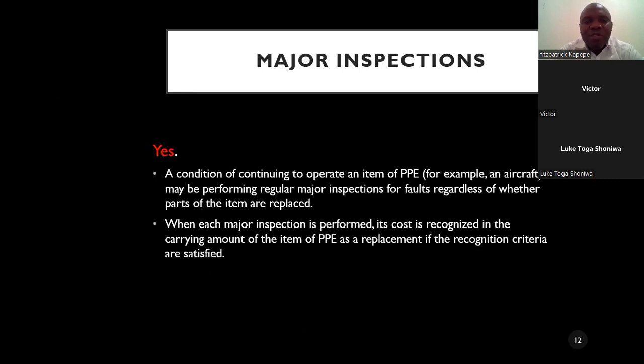A condition of continuing to operate an item of property, plant and equipment, for example an aircraft, may be performing regular major inspections for faults, regardless of whether parts of the item are replaced. These are three key elements that if you find them in your exam, you may end up speaking Setswana. So you need to know this.